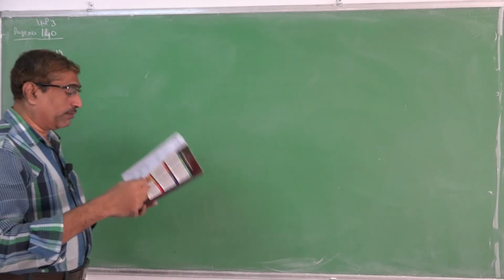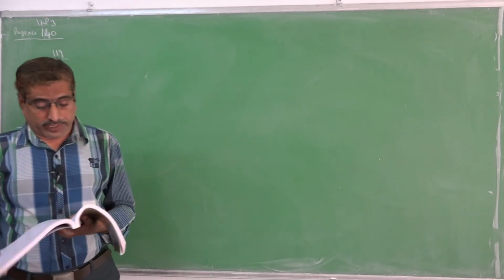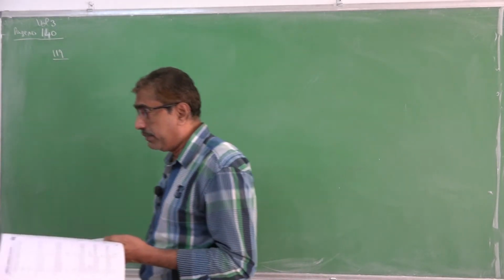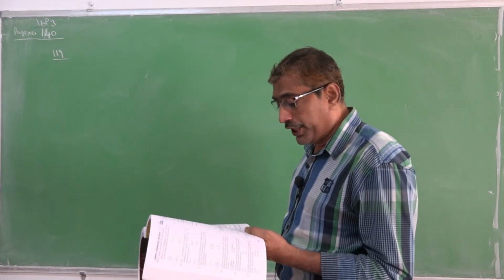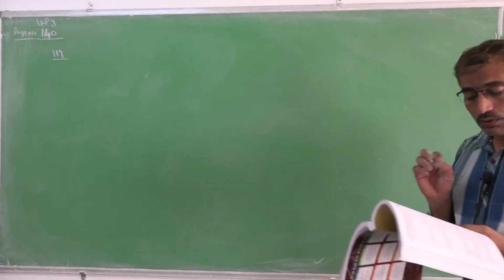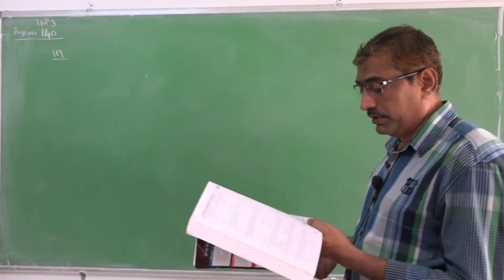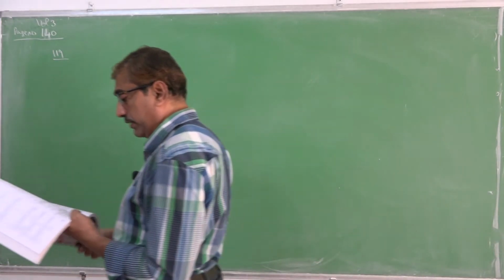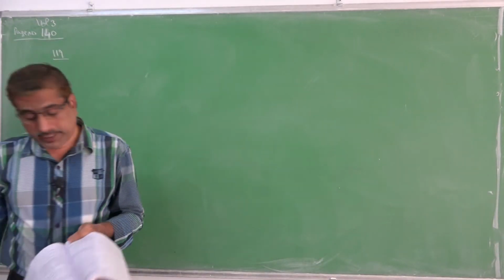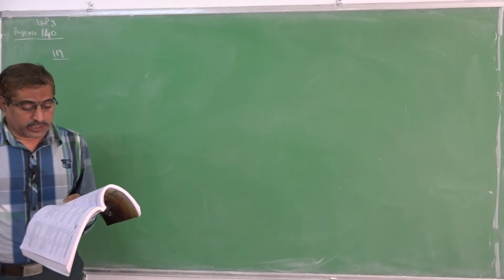Okay. Problem is, if the radius of the earth shrinks by 0.2% without change in its mass, the time period of oscillation of a simple pendulum is.